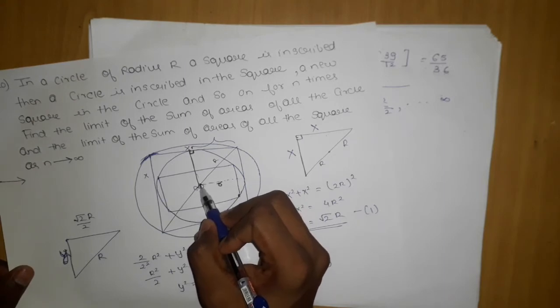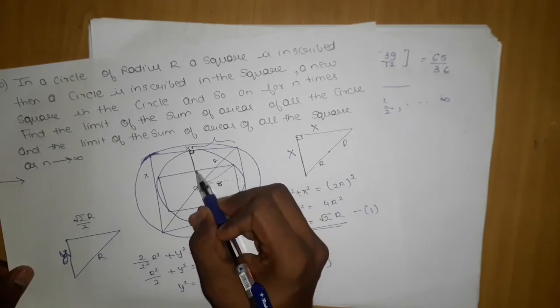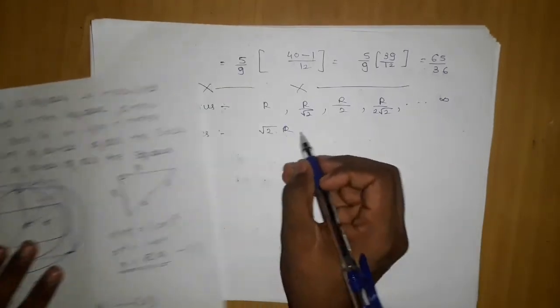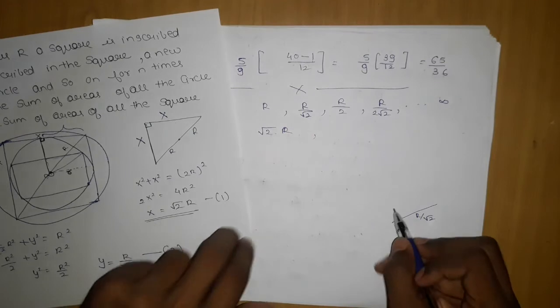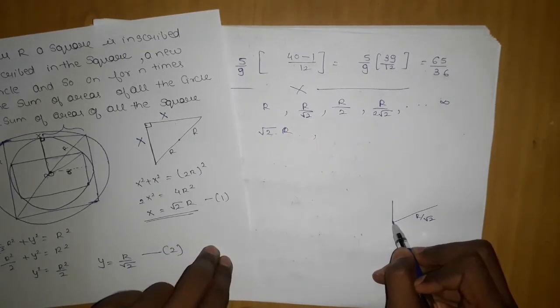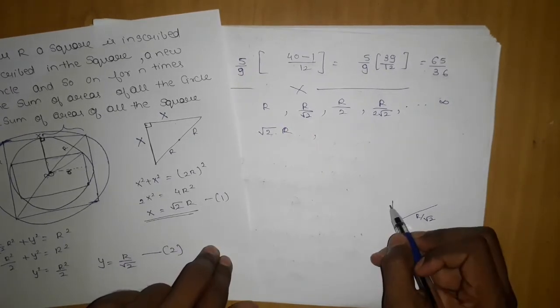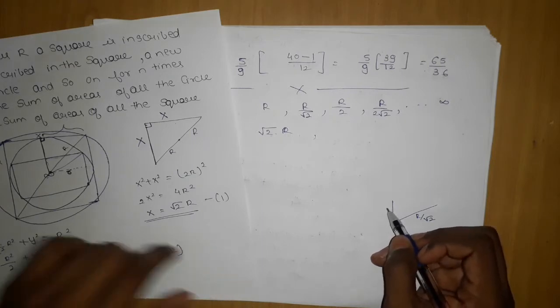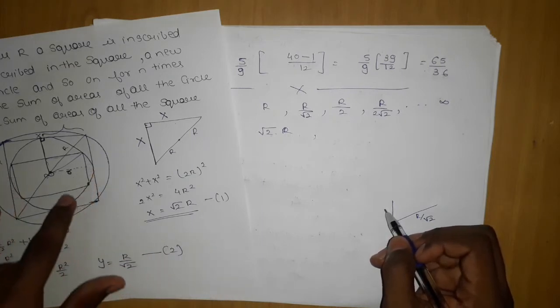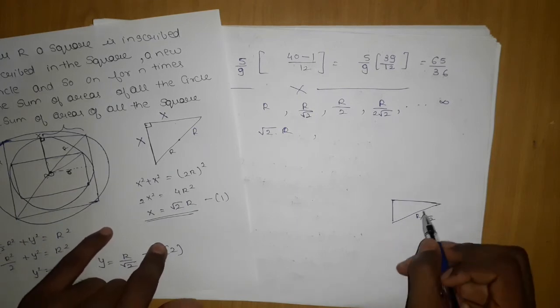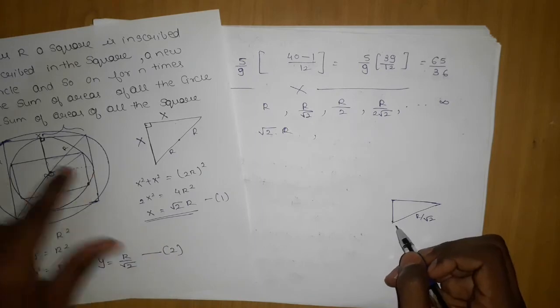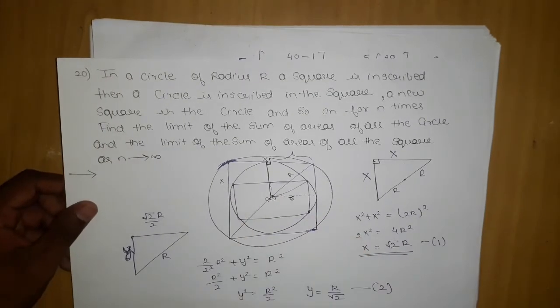Since it is a square, we know this radius, similarly we will do it here again. We need to know the next side, so for that we will again consider this length, which was r by root 2. This length we don't know, but since it is in a square, this length will be twice the radius, or not twice the radius.